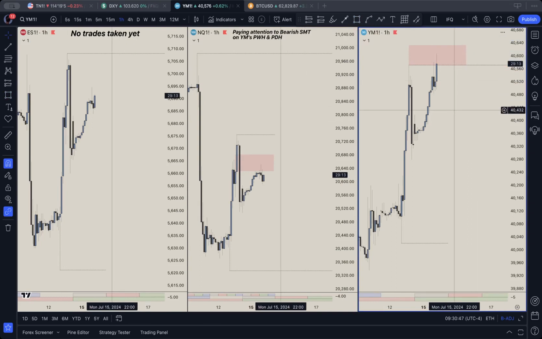But I want to see how this candle closes in around 30 minutes. This looks like a good bearish opportunity, though, I'll be honest.